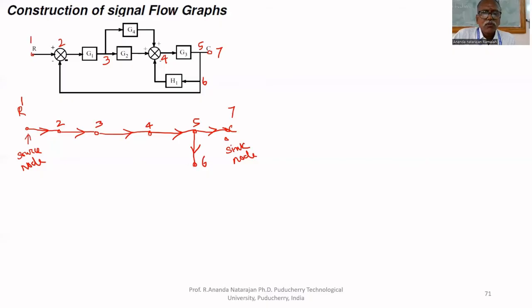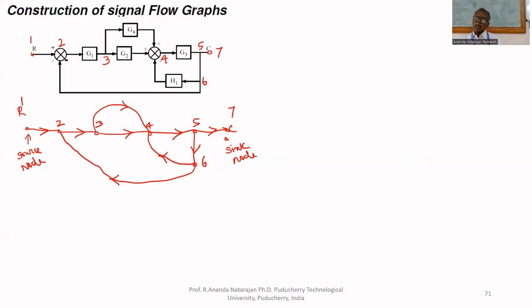Then 6 to 4, in this direction. 6 to 2 also the same direction, feedback direction. And 3 to 4, one more direction. That's all. We have marked the direction only.